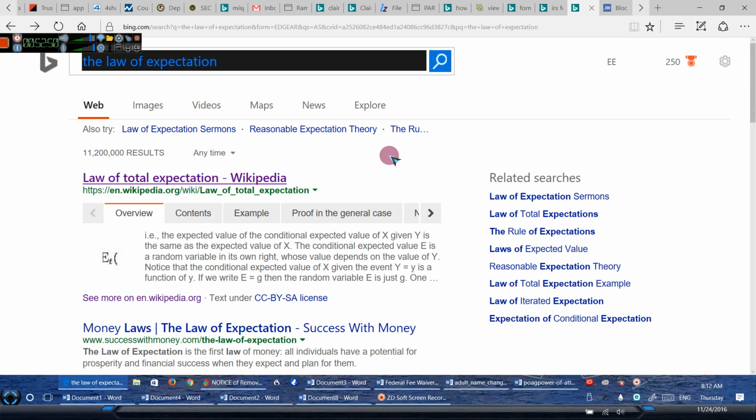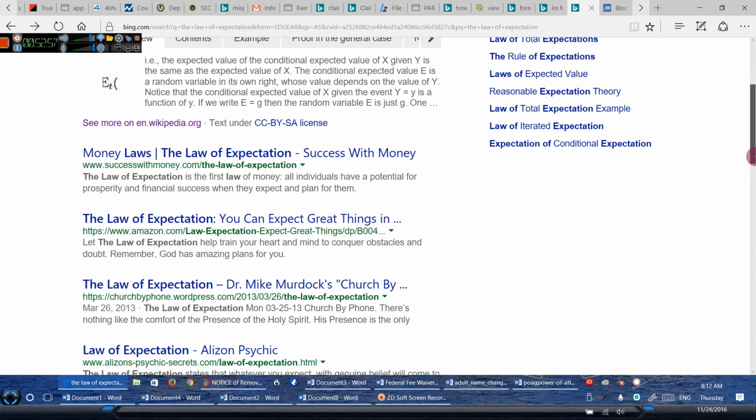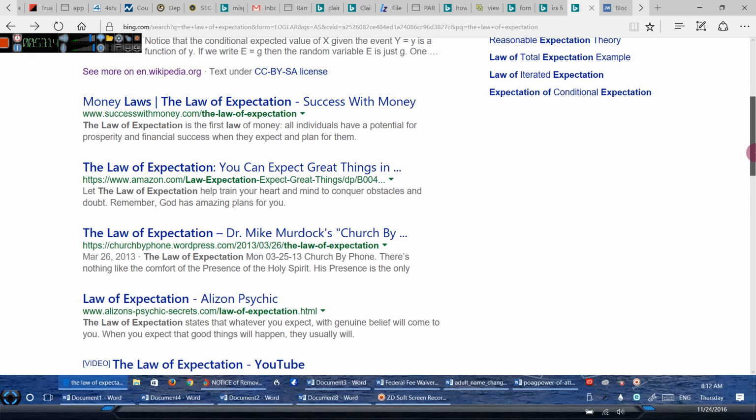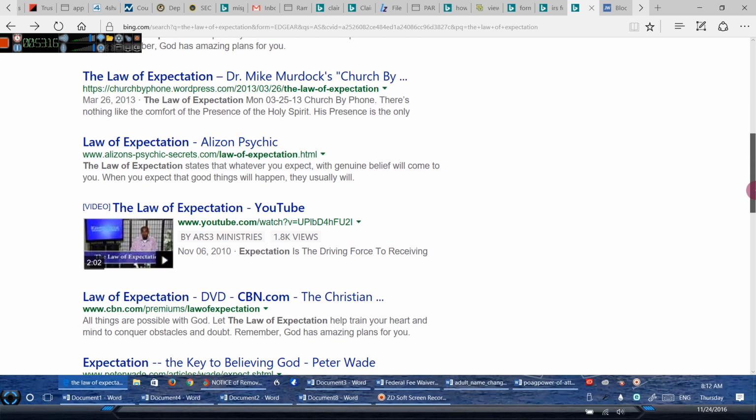And it doesn't list its author. Now, it says the law of expectation is the first law of money. No. The law of expectation, you can expect great things. No, no, no. None of this is the theory of expectancy. The law of expectancy.